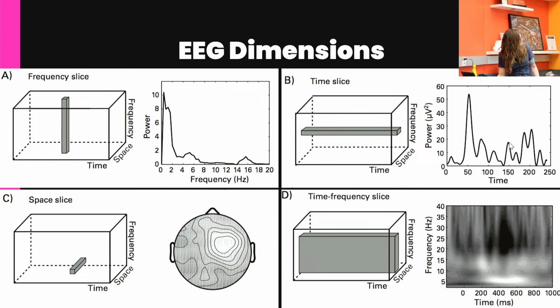Time slice is one that's really common in a lot of cognitive tasks. Frequency is used too, they'll often report it, but time is used because you can chunk time. You can see here that this was probably in milliseconds, and it's what's going on in a time series.